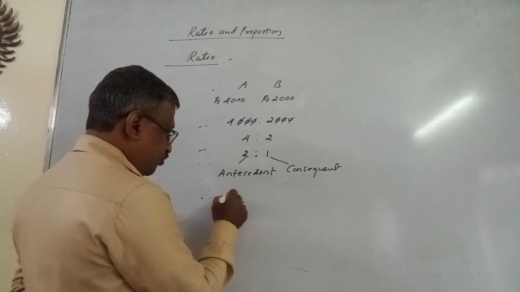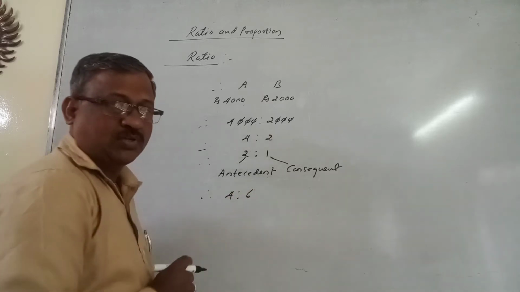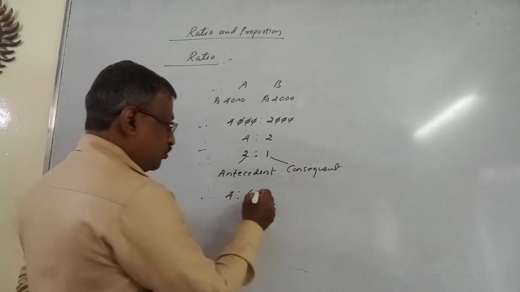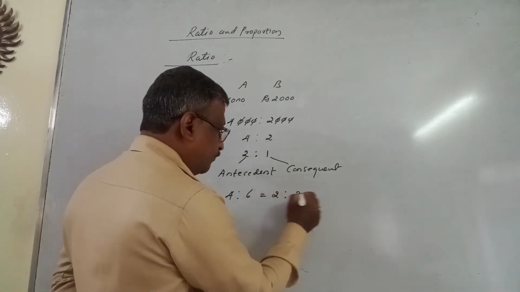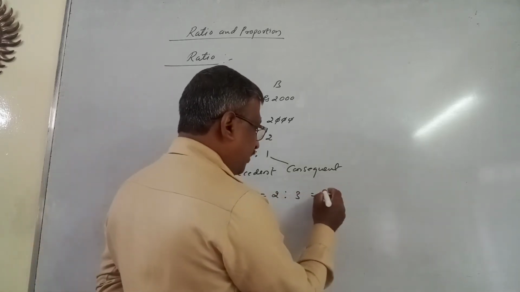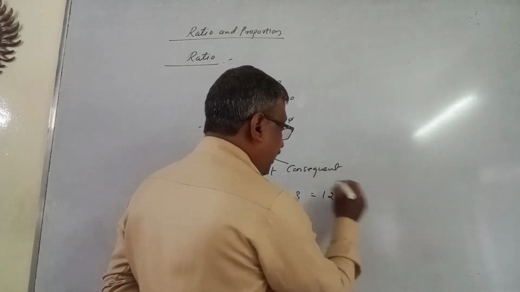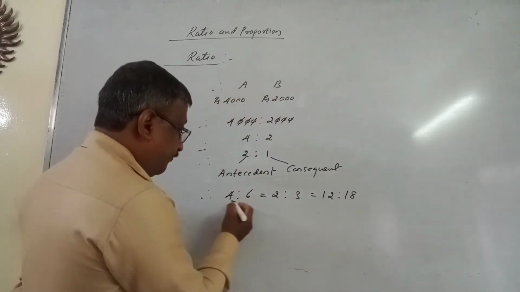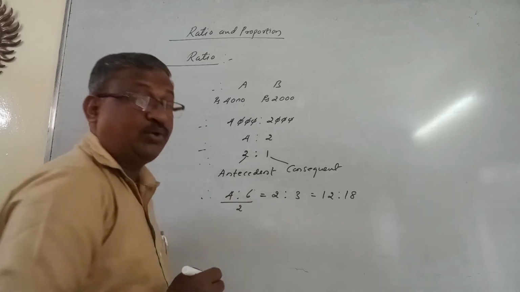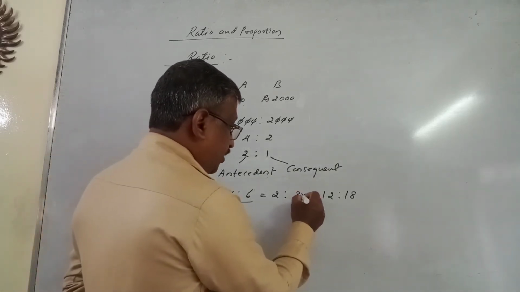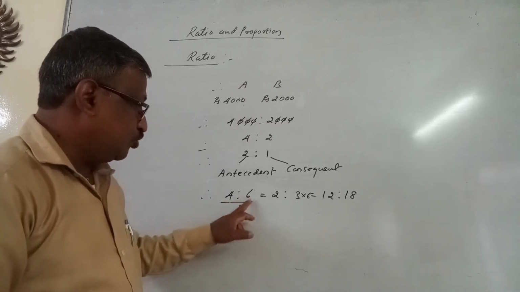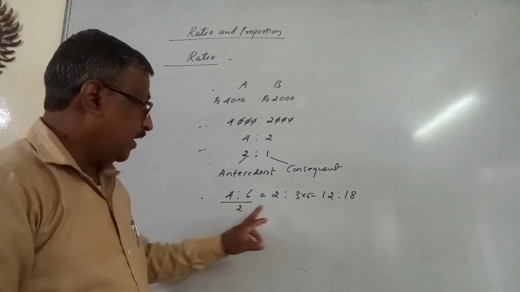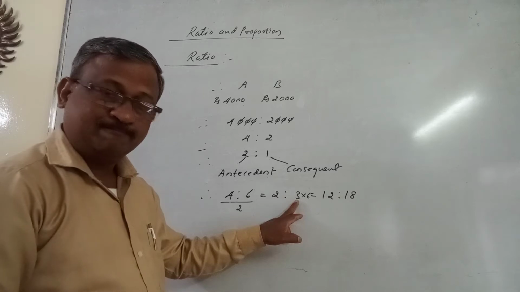Suppose the ratio is 4:6. This 4:6 can also be written as 2:3, or 2:3 can also be written as 12:18, when the ratio is divided by 2, or multiplied by 6. If you divide the first ratio by 2, I get the new ratio 2:3.